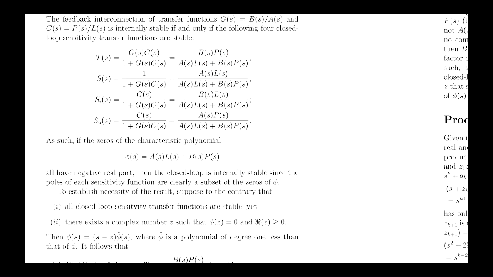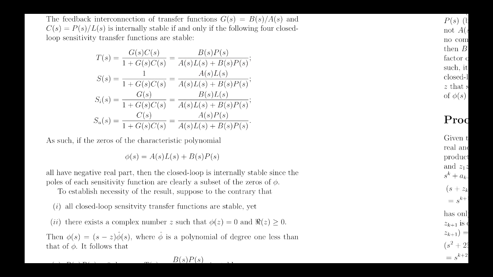If you assume that B and A are co-prime, share no common factors, and P and L are co-prime, the proof is based on showing that it's not possible for a zero of this polynomial, which is the characteristic polynomial, in the right half plane being cancelled out by all of them.